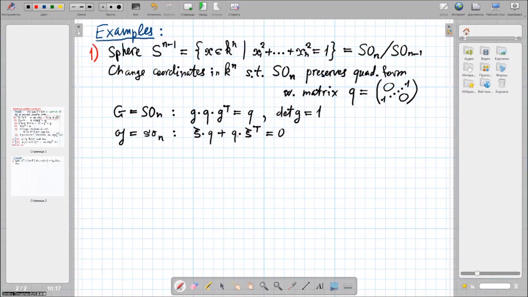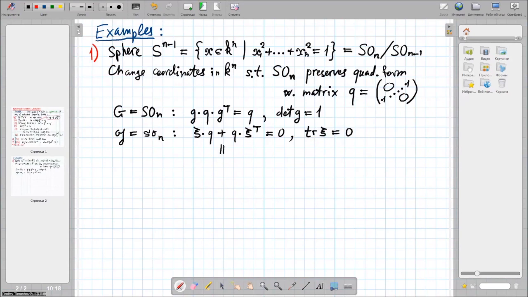This is the differential of the equation on the left of the first equation. And if we differentiate the equation on the right, then we get just the equation that the trace of ξ should be equal to 0. ξ is the tangent vector, of course.